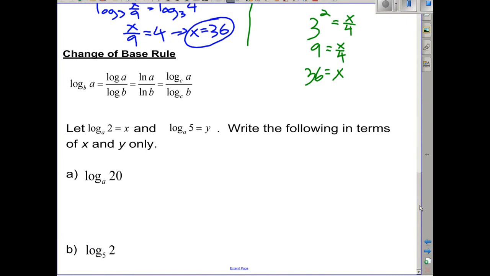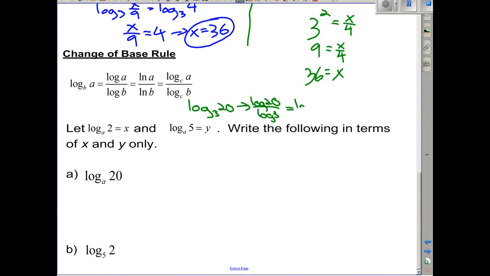Change of base rule. Log base b of a is the same as log a over log b, or ln a over ln b, or log with any base of a over log of that same base of b. So on the last slide, we had done this, log base 3 of 20. Change of base rule says that we should be able to do it as log 20 over log 3, which is what we ended up with, and we got 2.73.